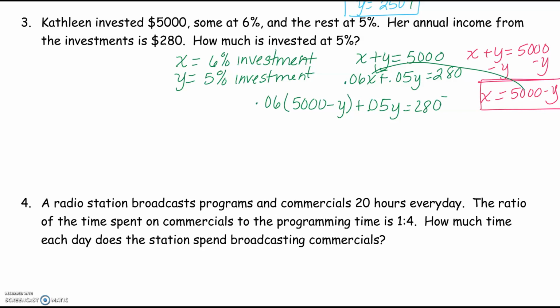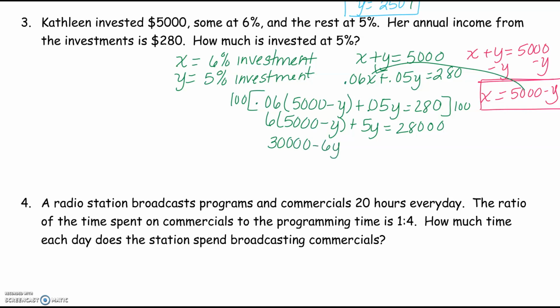Again, we can get rid of that decimal by multiplying by 100, getting 6 times the difference of 5,000 minus y plus 5y equals 28,000. Distribute your 6. 30,000 minus 6y plus 5y equals 28,000. Combine your like terms and get 30,000 minus y equals 28,000.